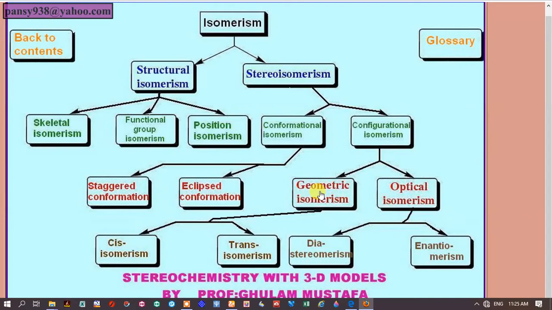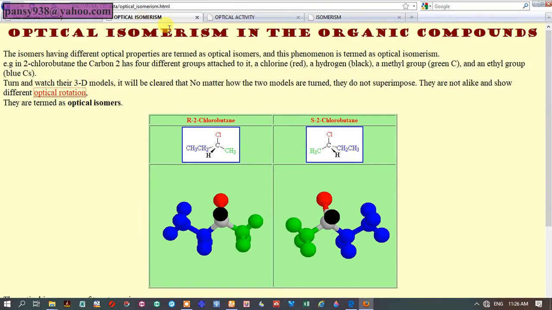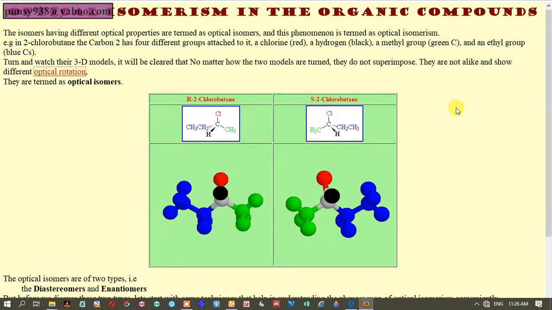Today our topic is the optical isomerism. The optical isomers are the isomers which differ in the optical activity.